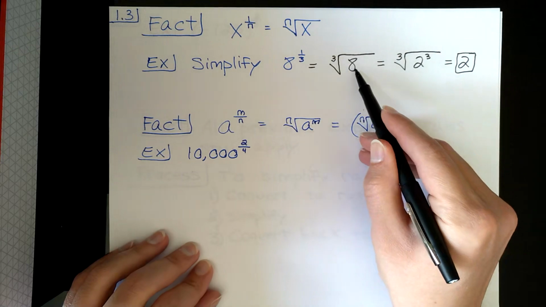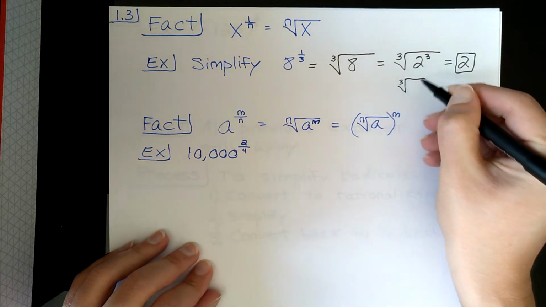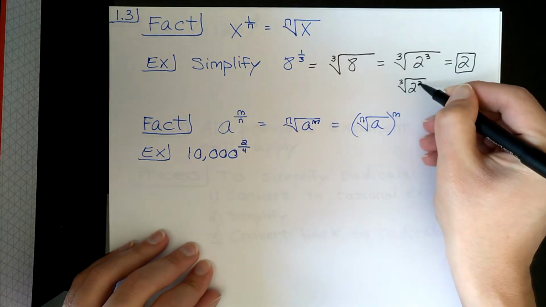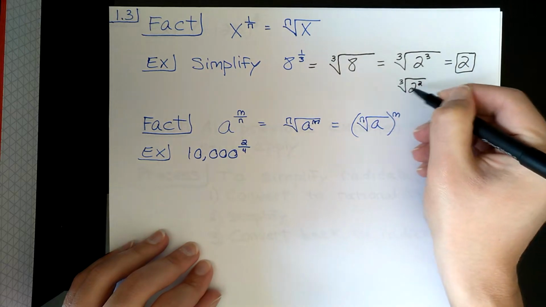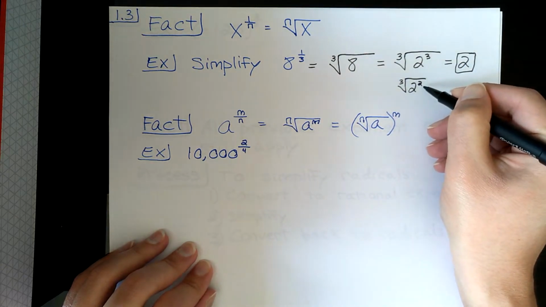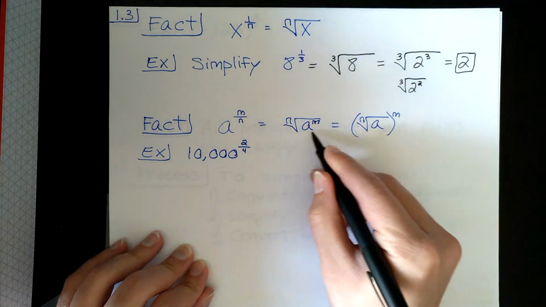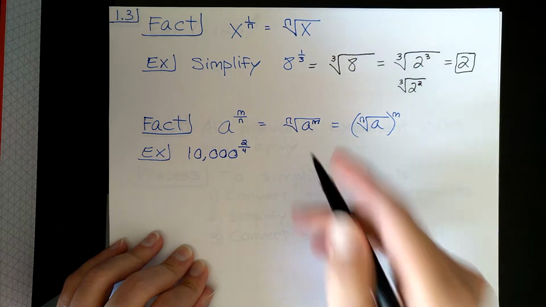But if we had a 4 here, we would end up with the cube root of 2 squared. So 4 would not allow us to simplify this. It doesn't give us a large enough exponent. So we wouldn't be able to use this case here. This one wouldn't help us.